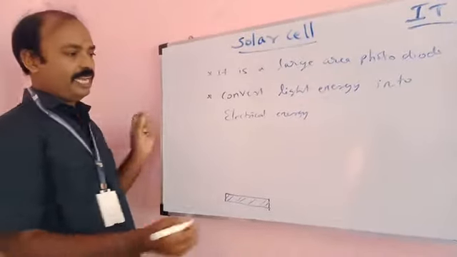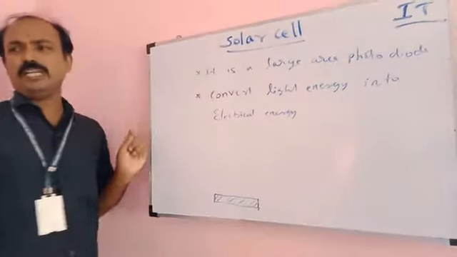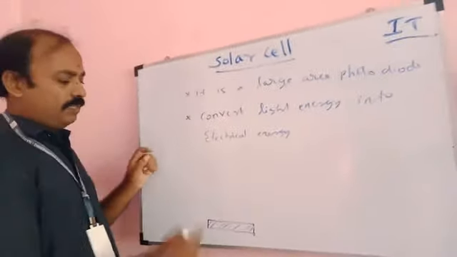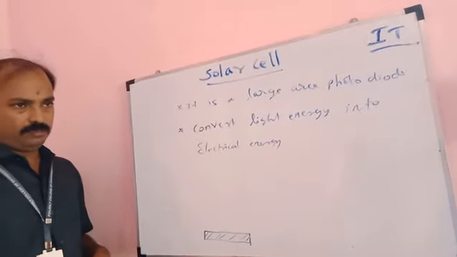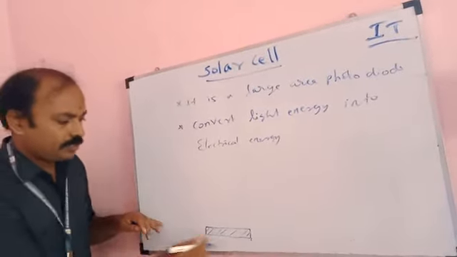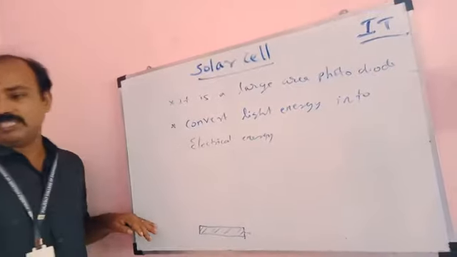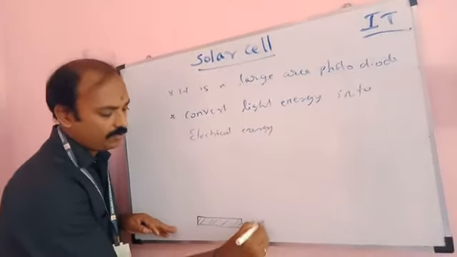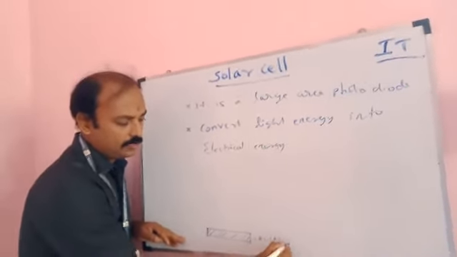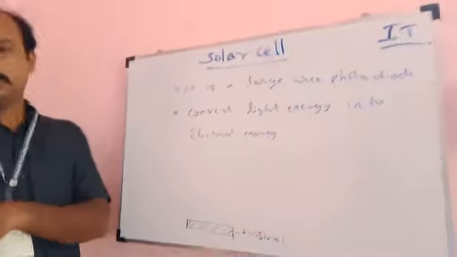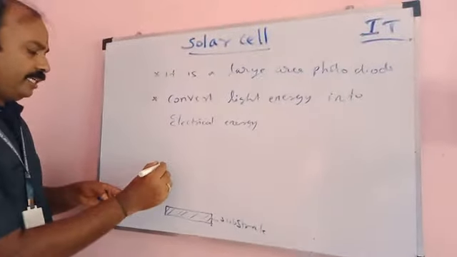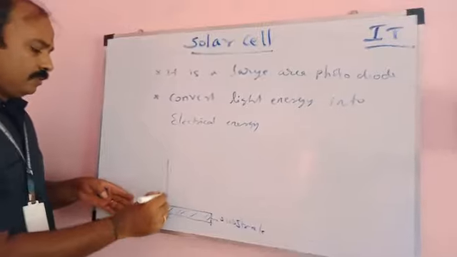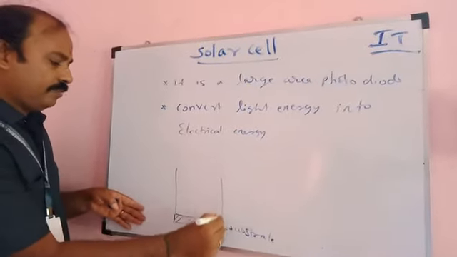Over this substrate, p-type and n-type semiconductors are made. So we draw that diagram.